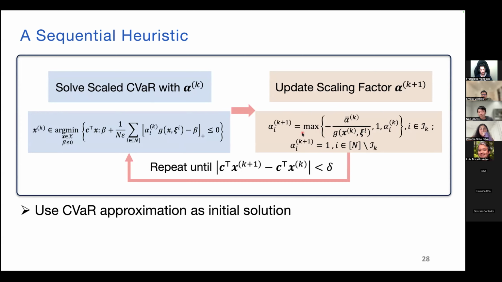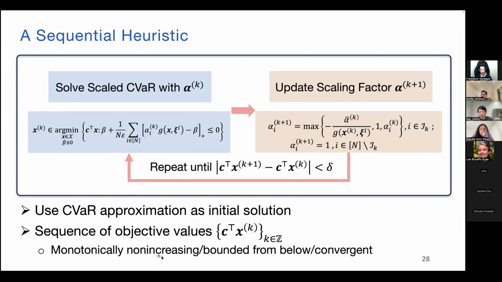We can show that this procedure is monotone non-increasing and bounded below, and therefore convergent. Very straightforwardly, we can use the CVaR approximation as the initial solution. We call this a sequential heuristic. Later on, we will show you the numerical results on the effectiveness of this heuristic.